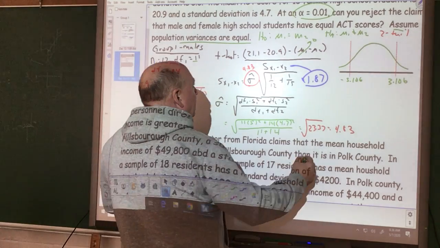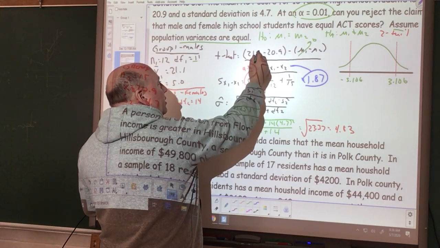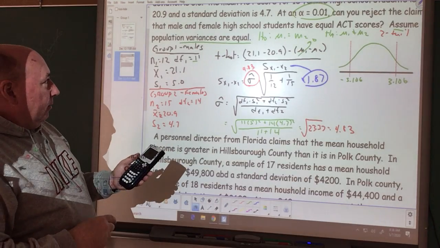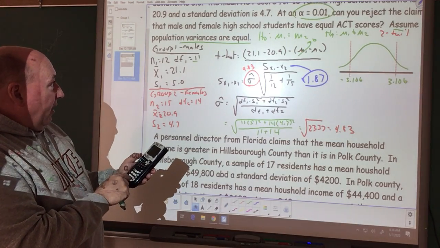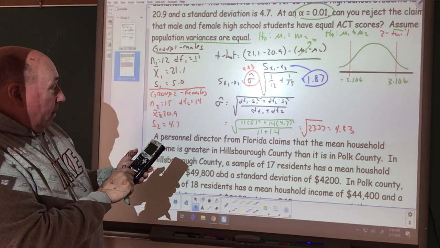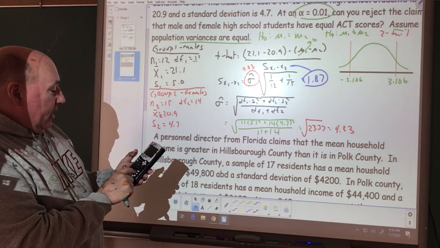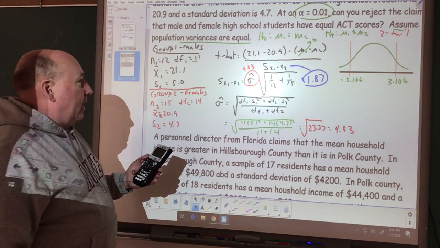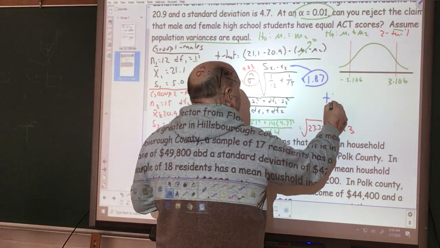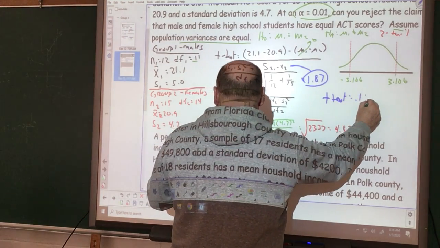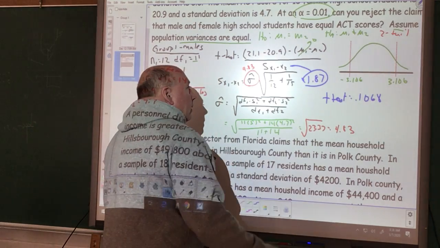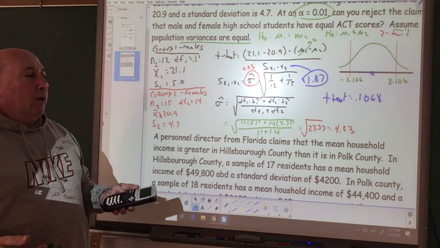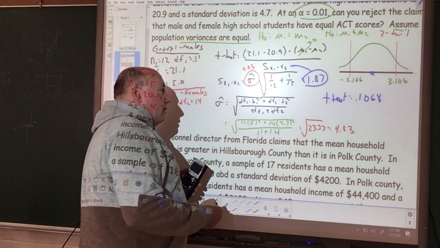So to find my test, I take my two values here, 21.1 minus 20.9, quantity divided by my answer, and I get a value of 0.1068, which throws in here, which once again we could agree that there should be no difference between males and females.